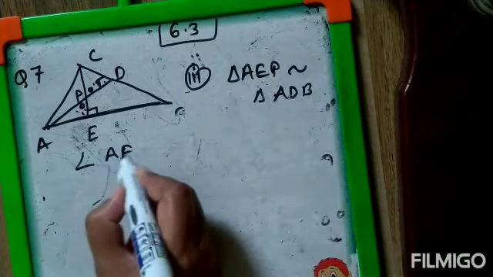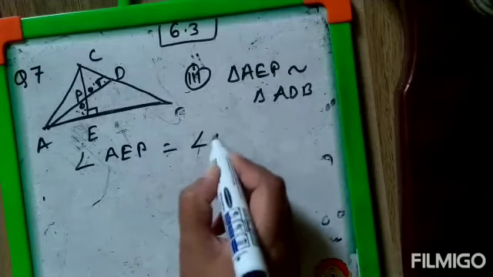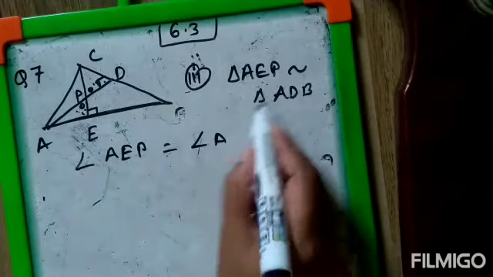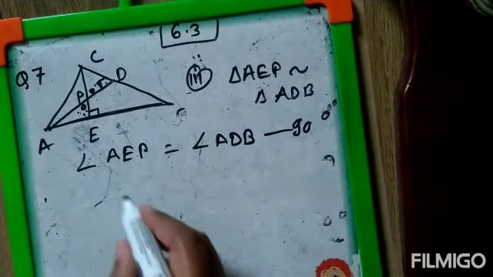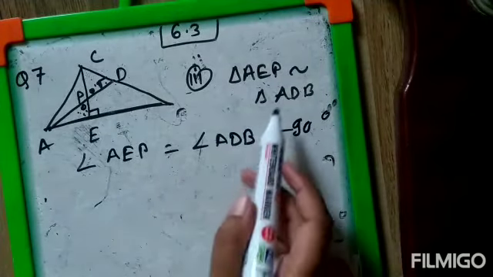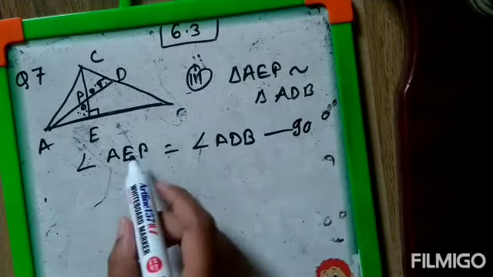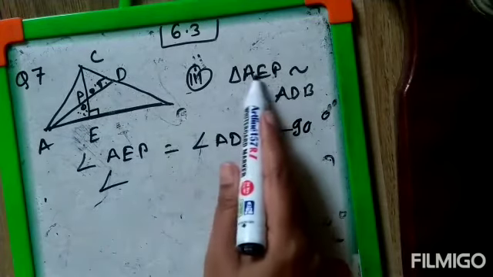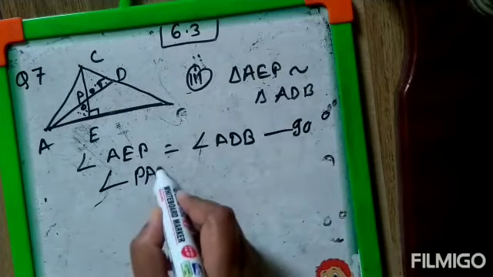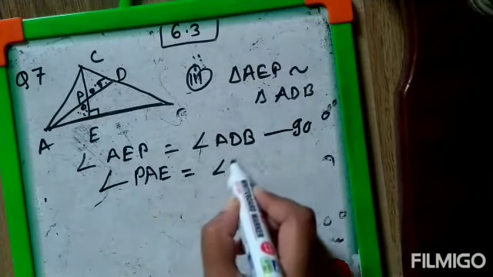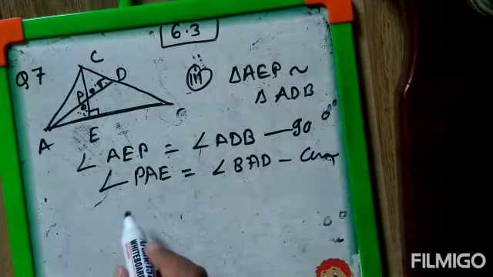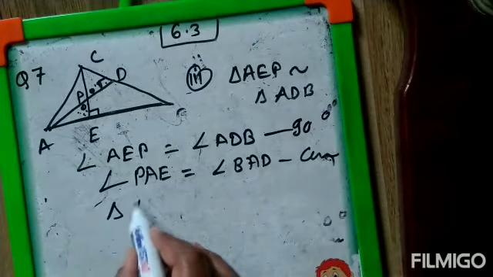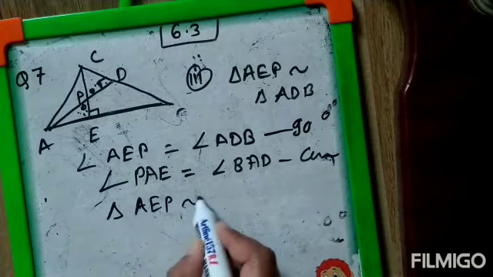So angle AEP is equal to angle ADB, they are each 90 degree. Now again we have the common angle A here. So write down angle PAE is equal to angle BAD, common angle. So again by AA similarity criteria, these two triangles are similar.